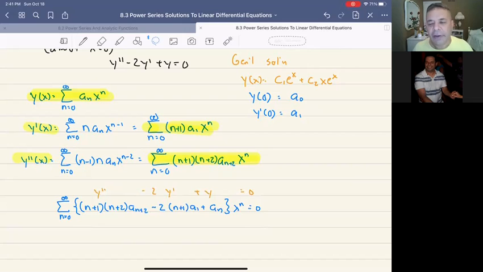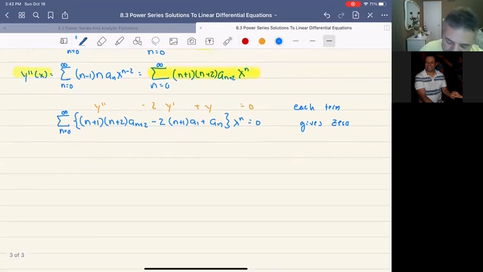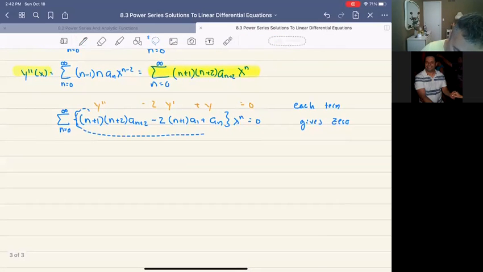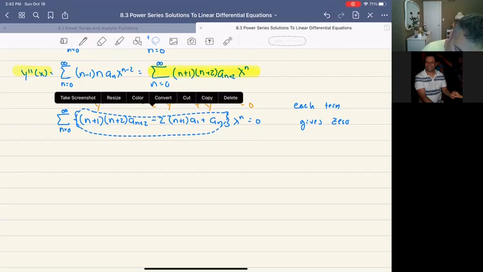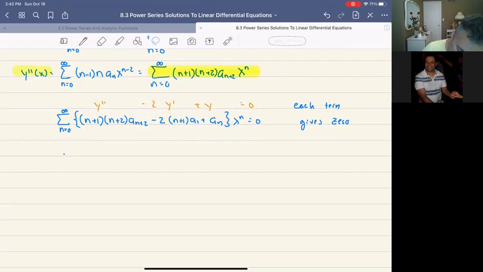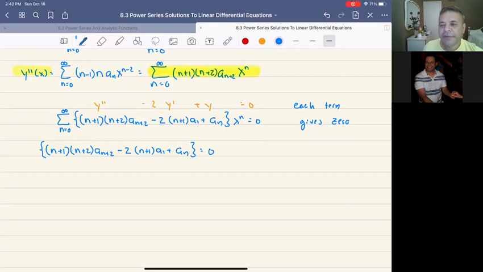Now each term should equal 0 then. So I'm going to write that, and I'm going to solve for a sub n plus 2.